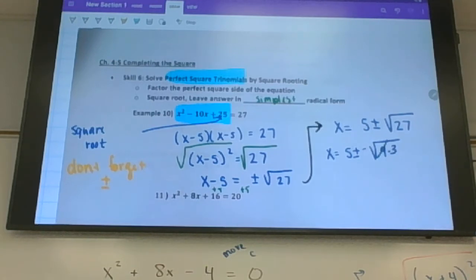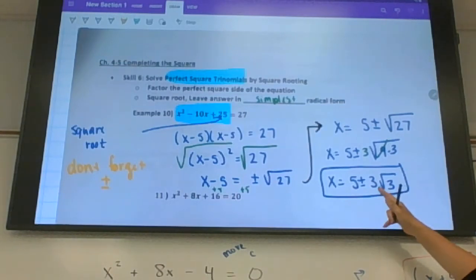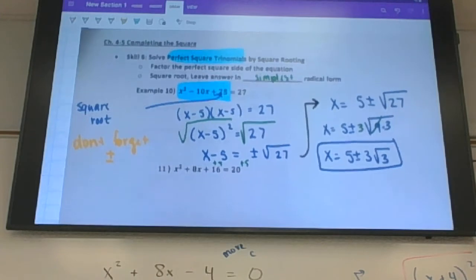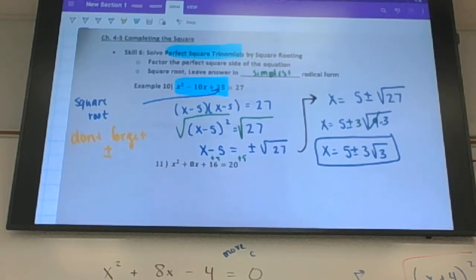Square root the 9, put a 3 on the outside. 5 plus or minus 3 square root 3 is your answer. You cannot add 5 and 3 and make it 8. This is not 3 here. This is something much bigger than 3. Okay?